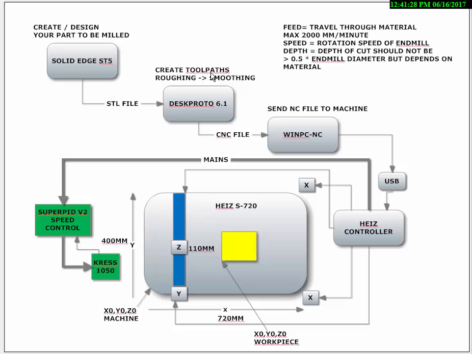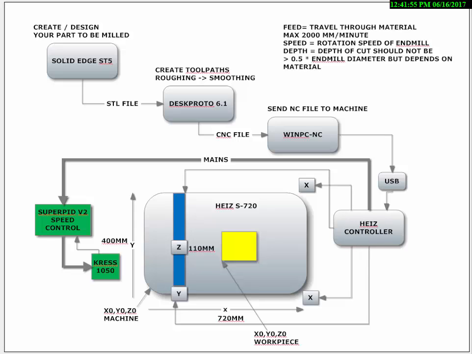DesProto creates tool paths for the CNC machine for both the roughing and smoothing process. It outputs a CNC file into winpcNC, and this is where I got stuck for many hours, which I'll discuss shortly. The winpcNC sends the CNC file out through a USB to parallel converter into the machine controller.